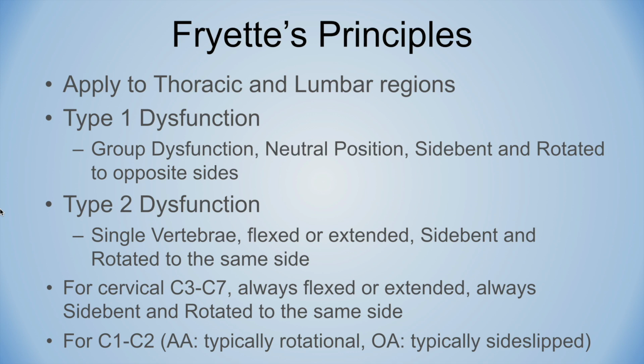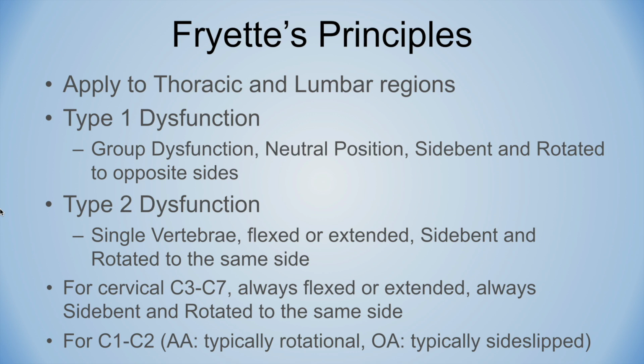Fryette's principles don't really apply to the cervical spine. So you can essentially think of C3 to C7 as similar to a type 2 dysfunction, that they're always going to be flexed or extended, and they're always going to be side bent and rotated towards the same side.